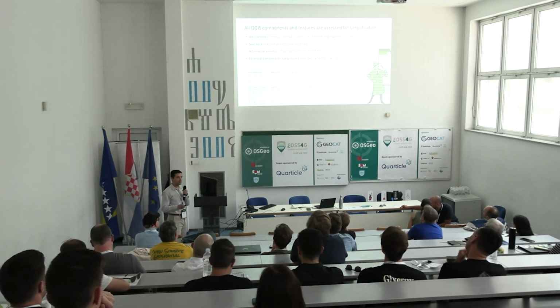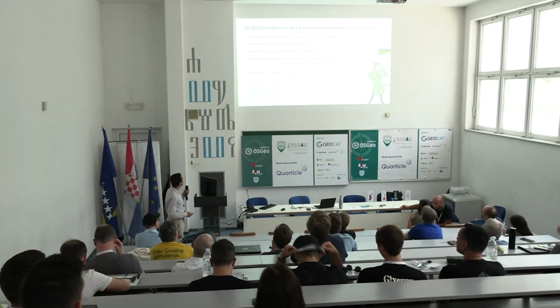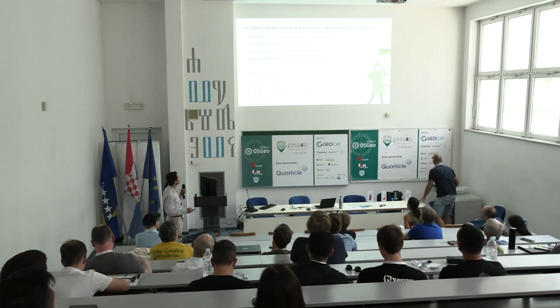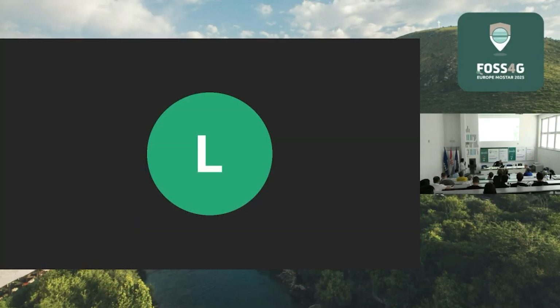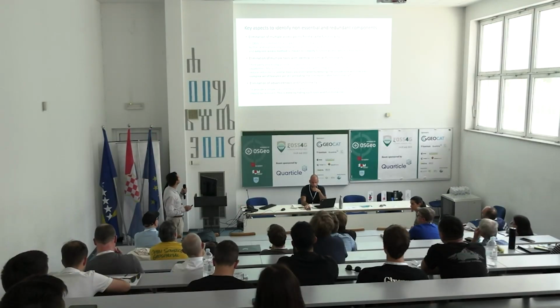For that purpose, we analyzed all the components of QGIS. We checked the menus, toolbars, panels, and processing algorithms. We identified the non-essential ones, and we also identified the alternative versions, and we grouped them as much as possible for simplification purposes. There we had 3 key aspects for this elimination.